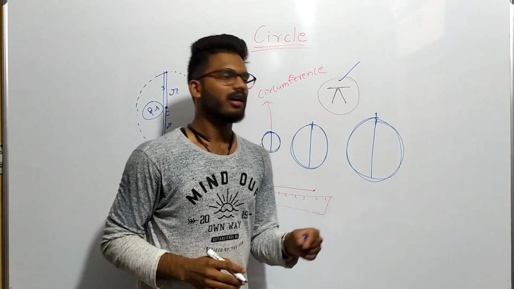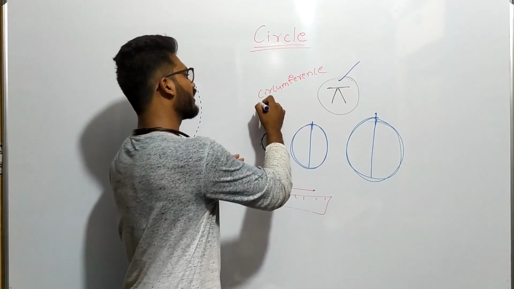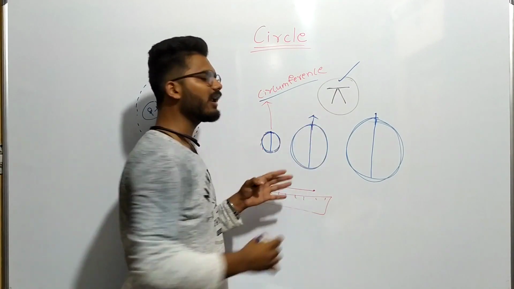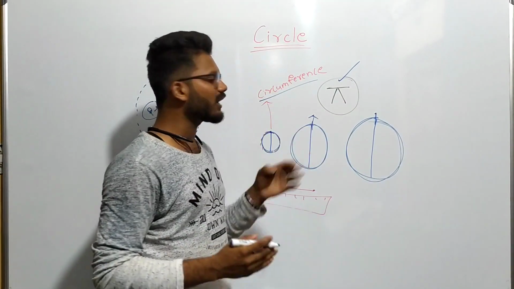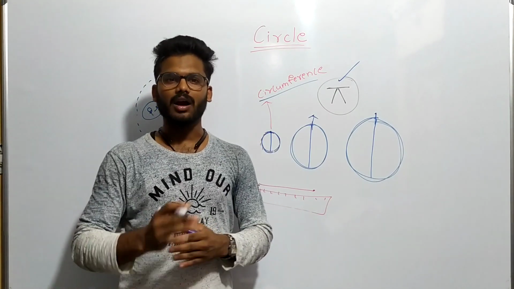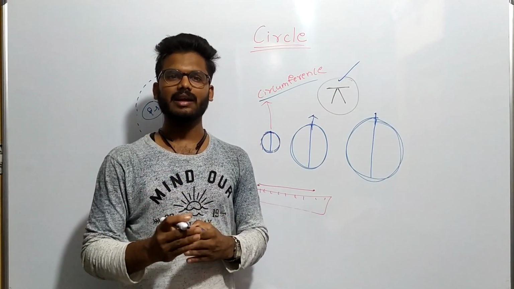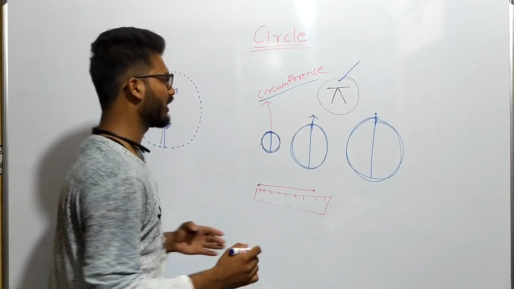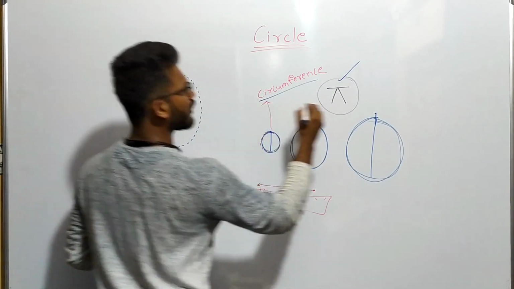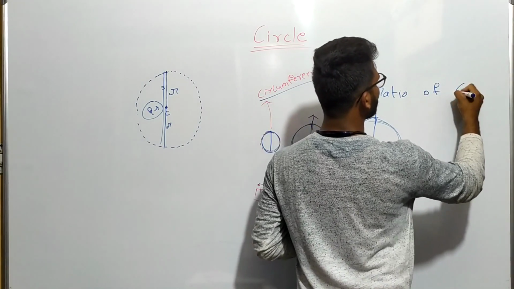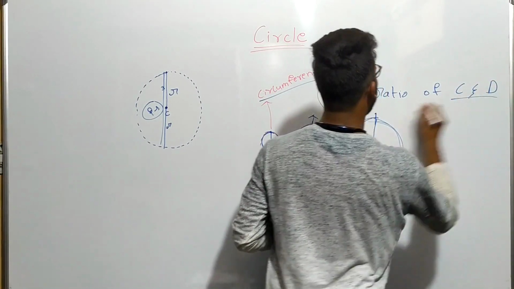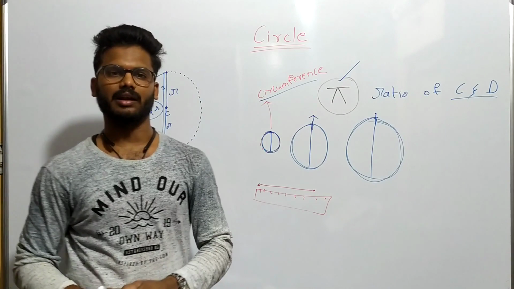Okay, and whenever they are finding circumference for any circle and finding the ratio between circumference and diameter, they see that it is getting nearly same. What it is? They are getting the ratio of circumference and diameter as same for each and every circle.